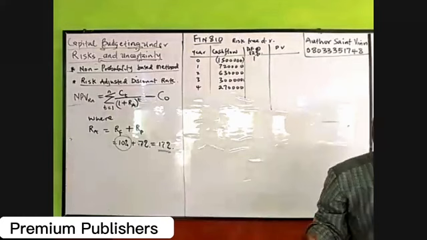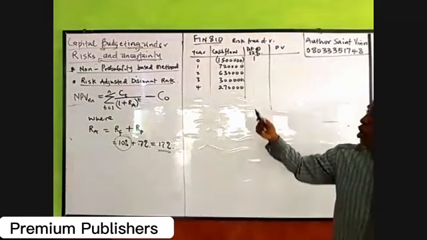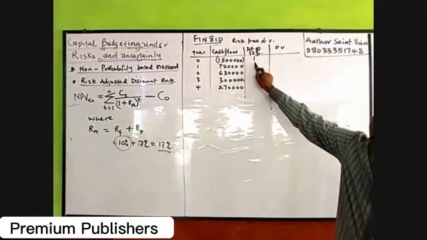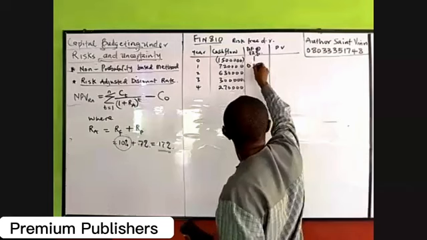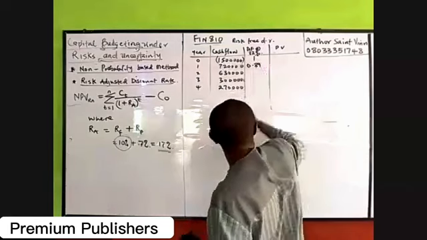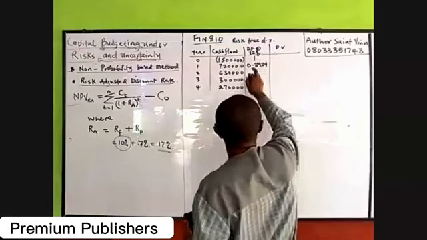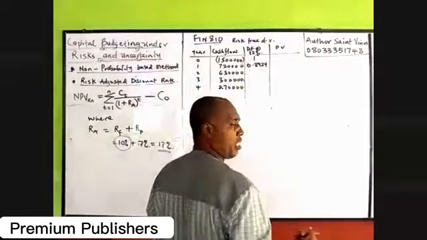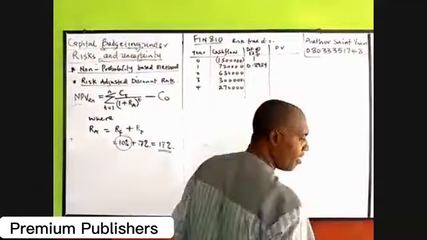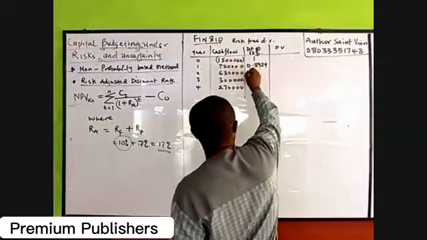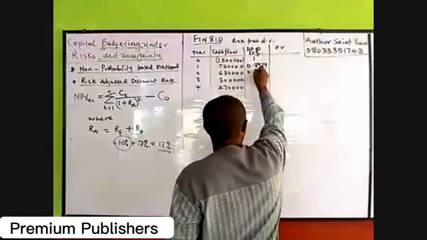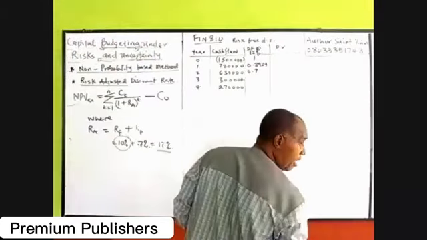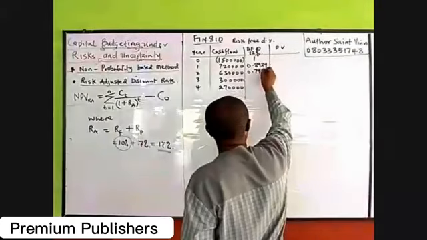12%. Our discount factor is 1 over 1 plus r raised to the power n. There is always 1. Divide this by 1.12. 0.8929. Next is in your note. We did it before. Divide this one by 1.12. 0.7972.